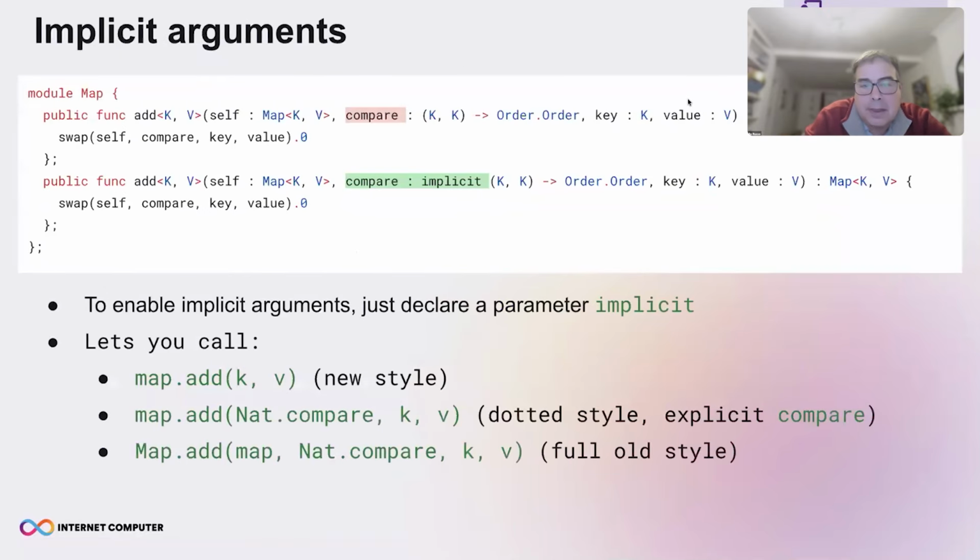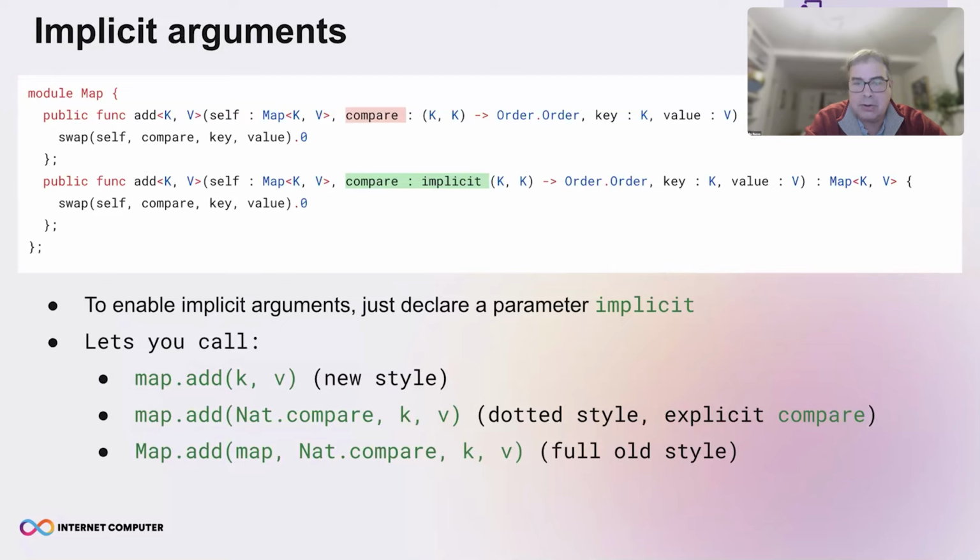Next slide, please. The way you opt into implicit arguments is that when you declare your method, you can decorate the type of an individual argument as an implicit argument. Then the compiler at call sites will try to supply suitable candidate arguments for those parameters. So to enable implicit arguments, you just declare the parameter implicit, and then at the call site you can call this very succinctly, map.add kv, to add a key-value pair to a map without having to pass the comparison function.